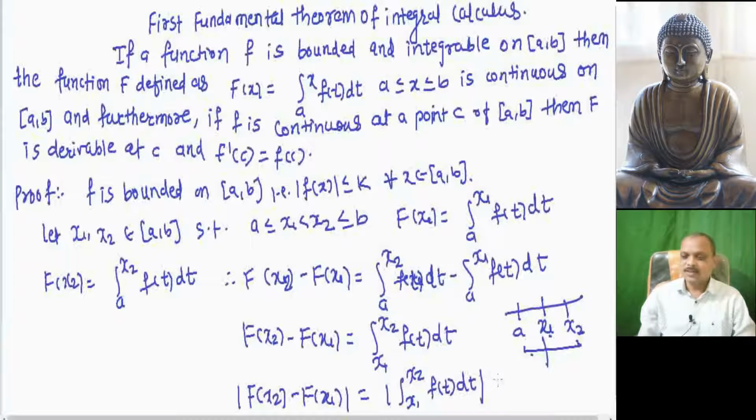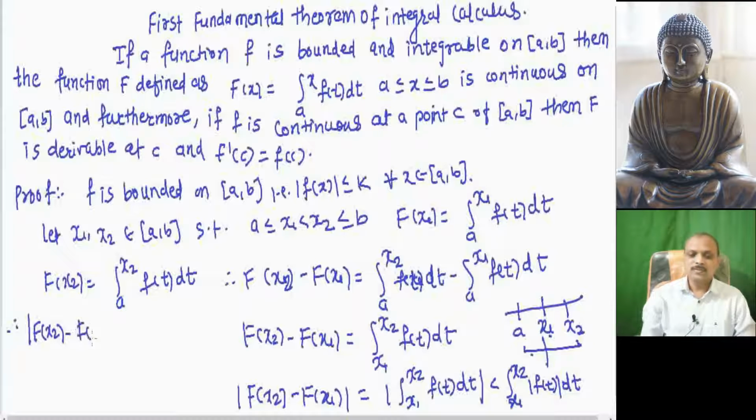Again this modulus value is less than or equal to integration x1 to x2 mod of f of t dt, but mod of f of t is less than or equal to K. Therefore we have mod of F of x2 minus F of x1 is less than or equal to K into integration x1 to x2 dt.